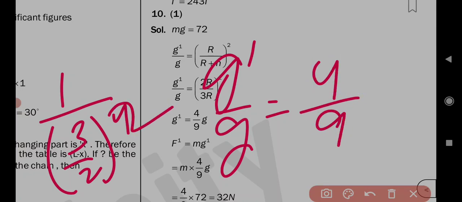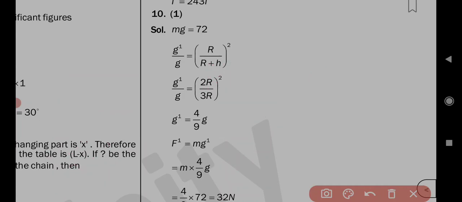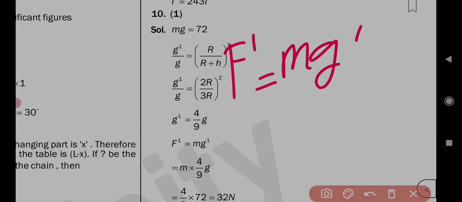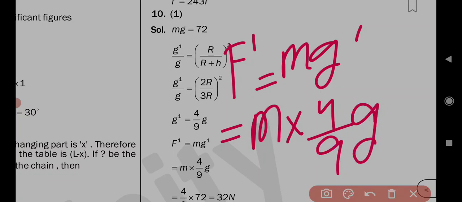Okay, so this is the thing. F dash is mg dash. If we talk about the weight of the object, mg dash will be M into 4 by 9 g. So we already know mg is 72 newtons.